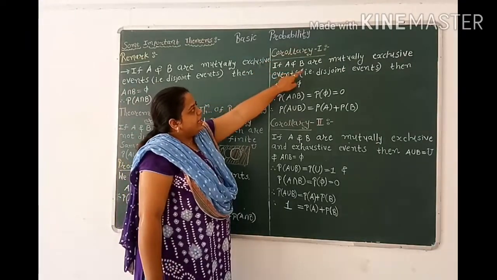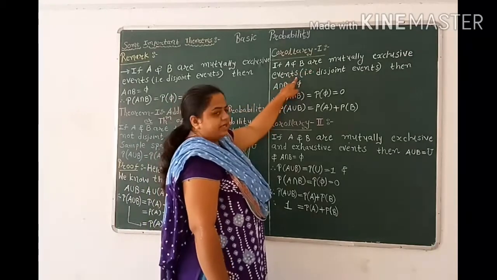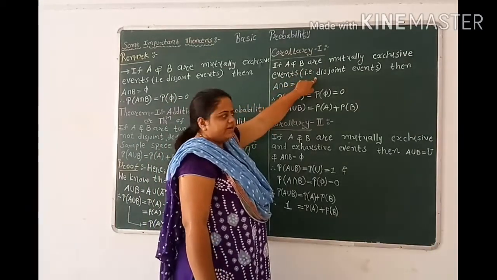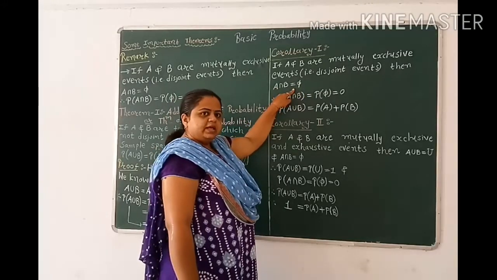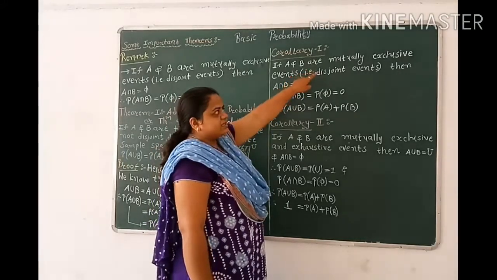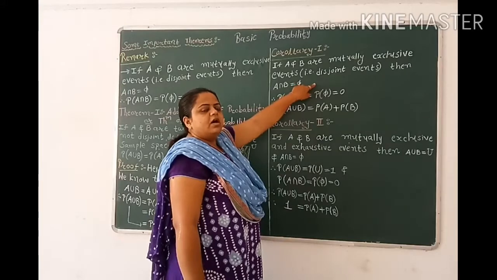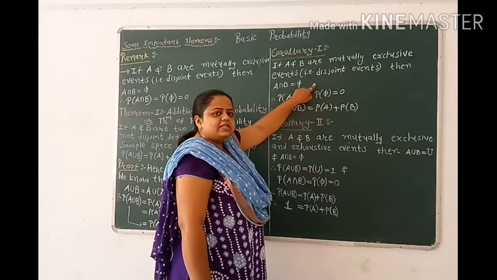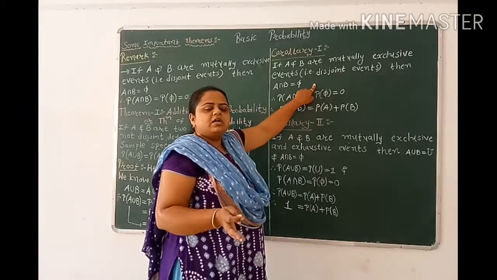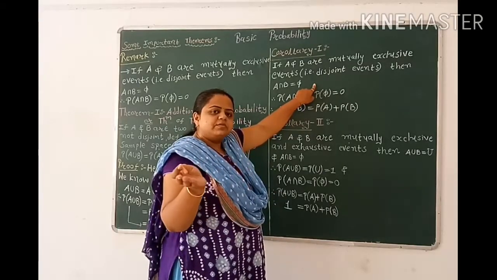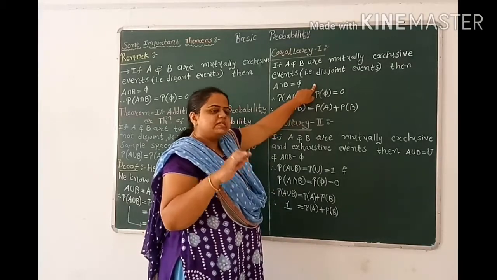Now we have corollary 1. If A and B are mutually exclusive events, that is disjoint events, then A intersection B equals phi, because mutually exclusive events means the occurrence of the first event prohibits the occurrence of the second event, or the occurrence of the second event prohibits the occurrence of the first event.